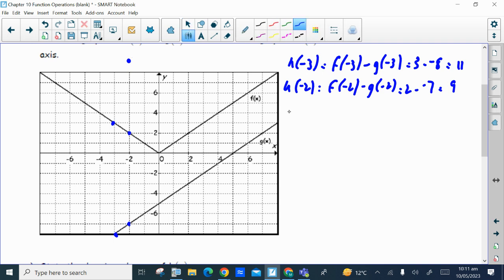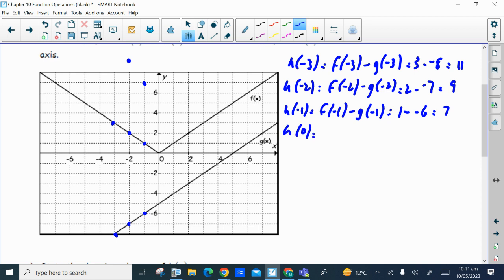Right? So let's do h at -1 by taking f at -1 and subtracting g at -1. F at -1 is 1. G at -1 is -6. So that'll become +7. -1, 7.